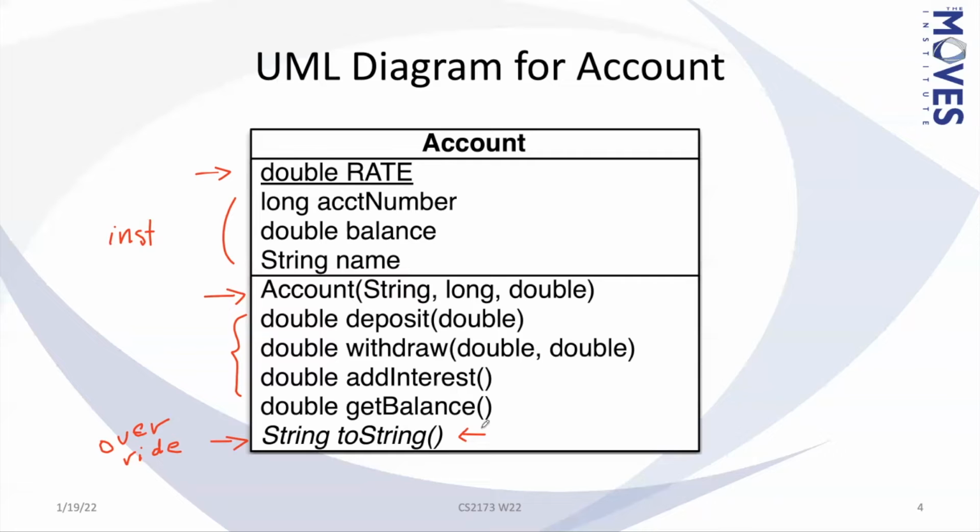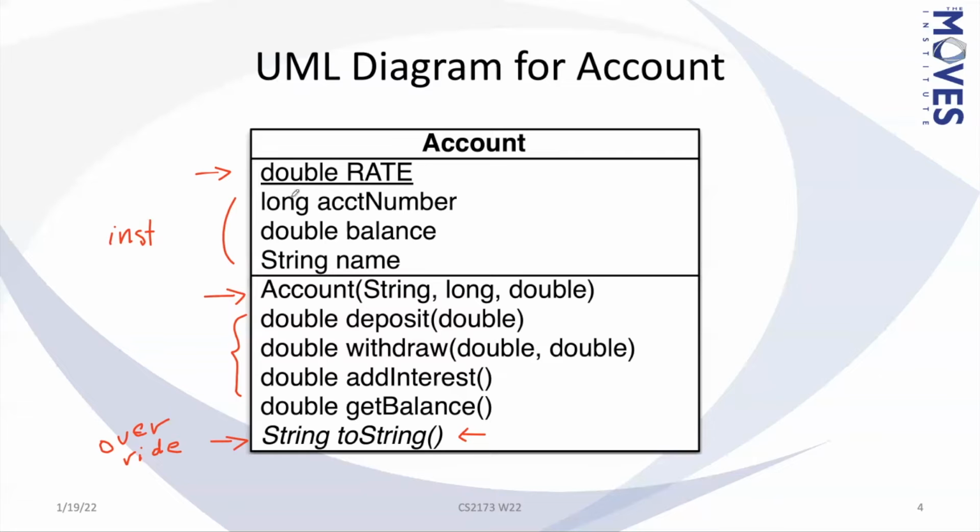And what's the advantage of that? The advantage is that when you just print the object, it calls the toString method of that. Okay, we'll dive into that a little bit more as the course progresses.